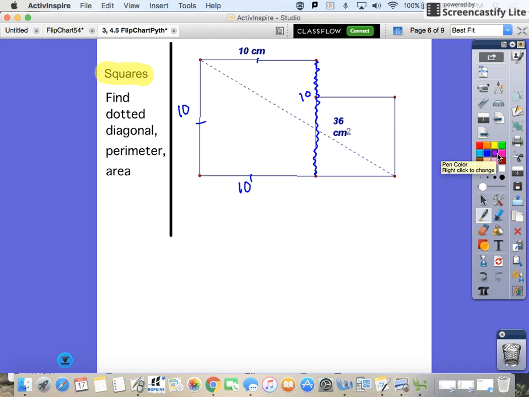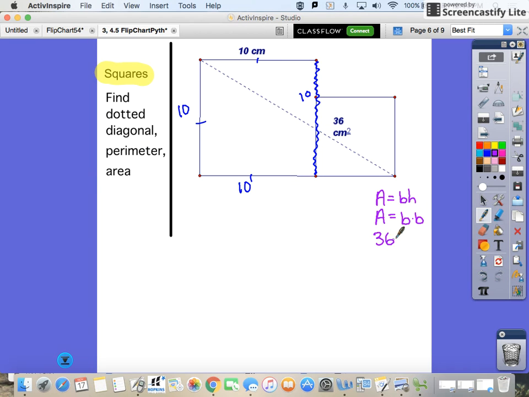Now, we don't know the sides. The sides are not explicitly given here. But again, because this is centimeters squared, it means area. To find the area of a square, remember you do base times height. But in a square, base and height are the same thing. So it's like base times base.